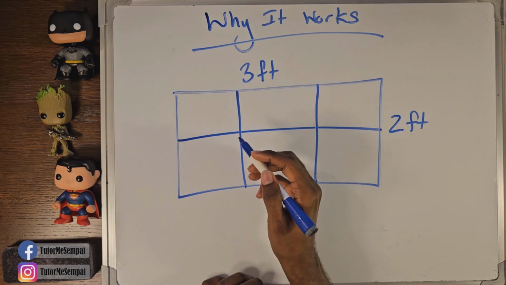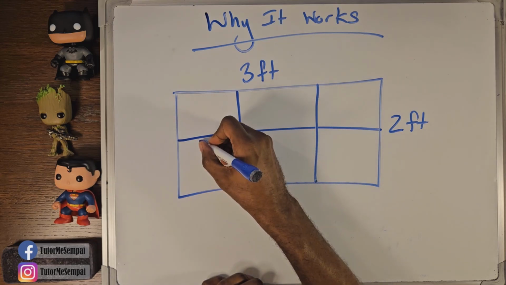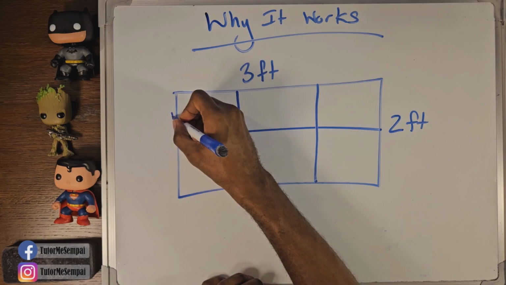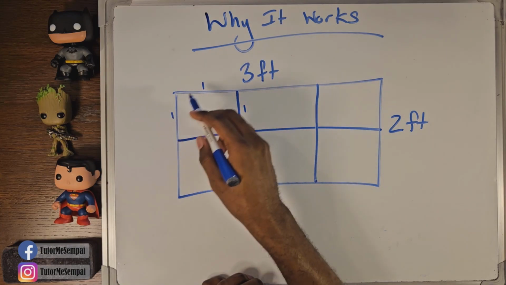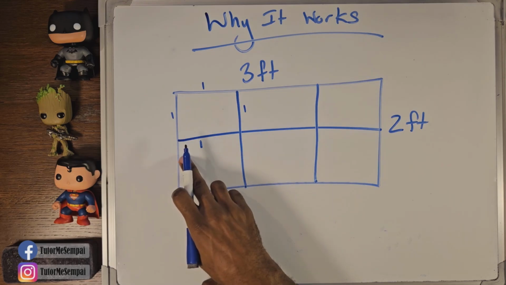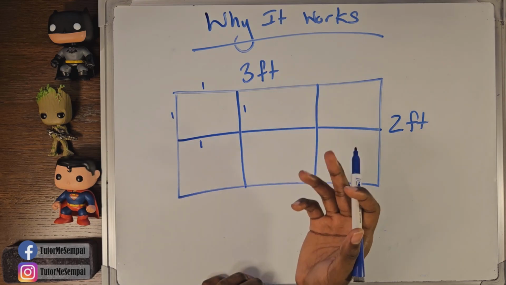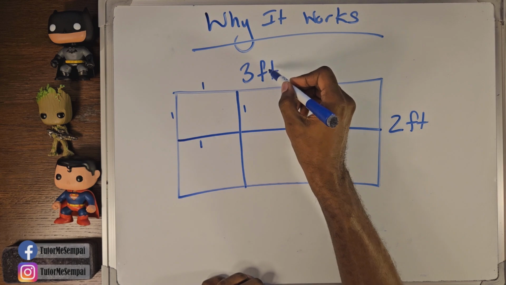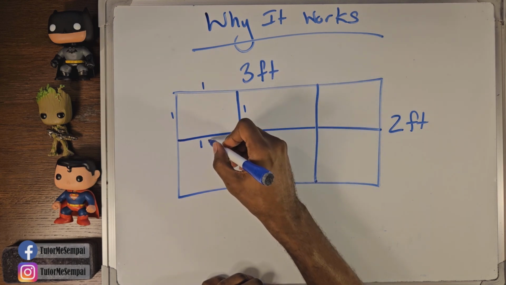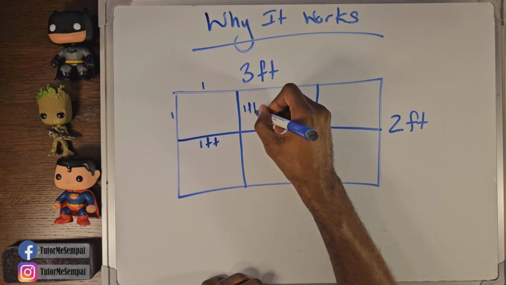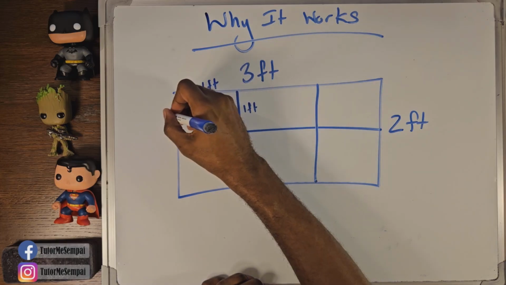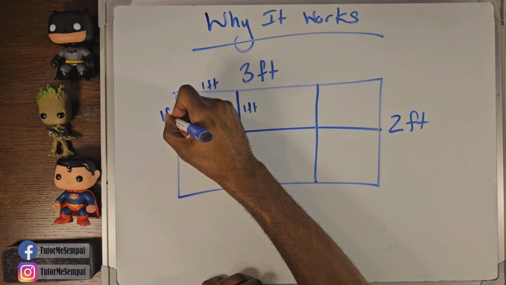Now, each of these boxes is going to be 1 by 1. Going to be squares here, 1 by 1. So the length and the width are all going to be 1, and it's going to be the unit that we're caring about, right? So this is 1 foot, 1 foot, 1 foot. All right.